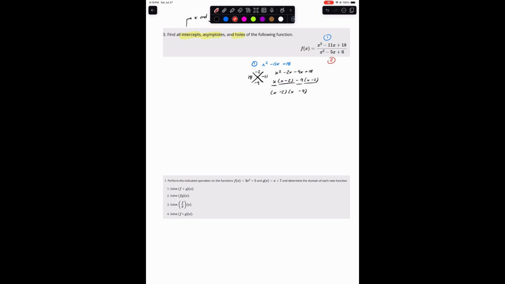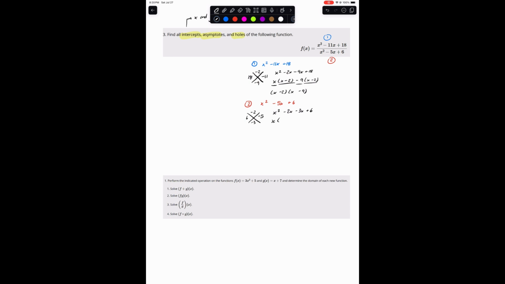Now for the bottom part, we have x squared minus 5x plus 6. I'm looking for two numbers that multiply to positive 6 but add up to negative 5. Those are negative 2 and negative 3. And we'll rewrite our expression.